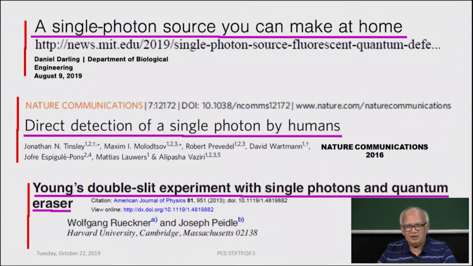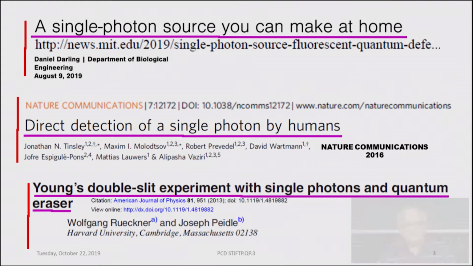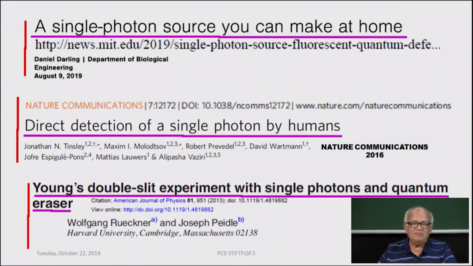So, that will remove any doubt from your mind that such experiments can in fact be done, they have been done. What is remarkable is that such experiments were not done when Feynman gave his lectures in the early 60s.